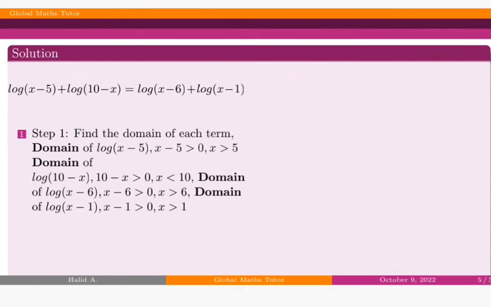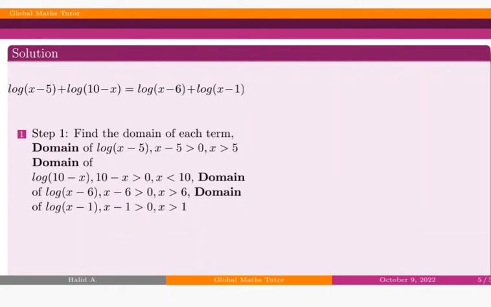The domain of logarithm of x minus 6 requires x minus 6 greater than 0, so x must be greater than 6. And the last expression, logarithm of x minus 1, to be valid, needs x minus 1 greater than 0, or x greater than 1.